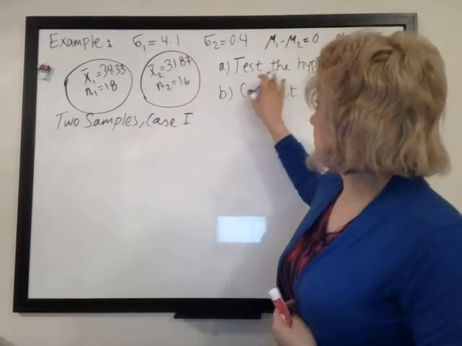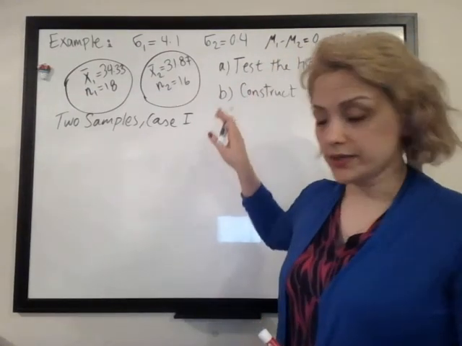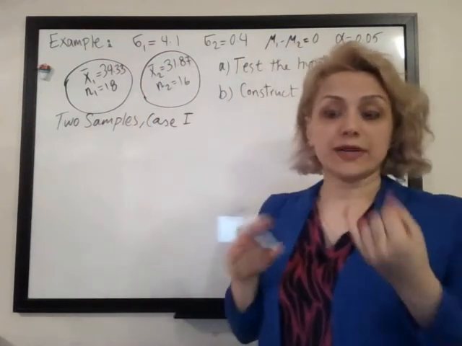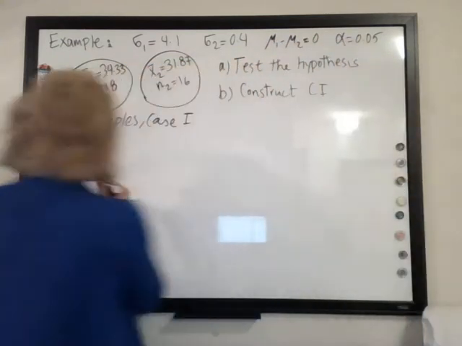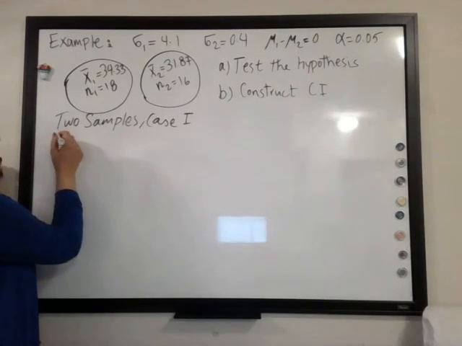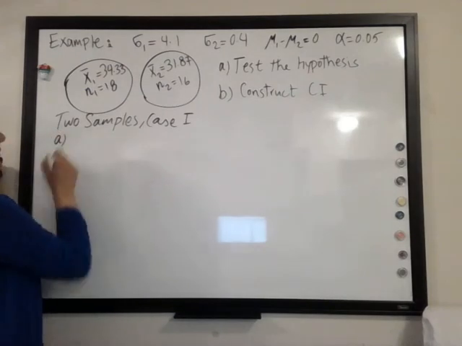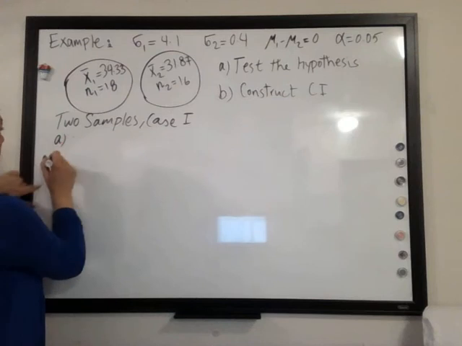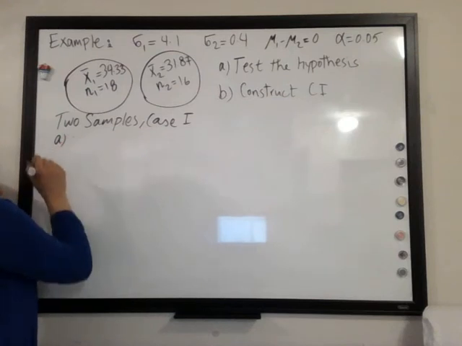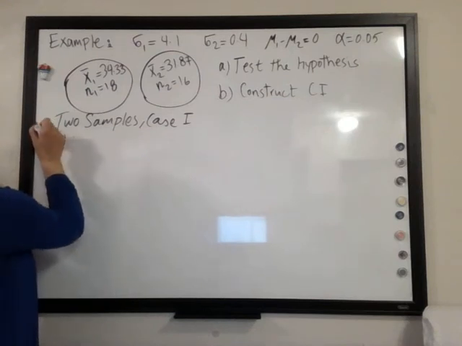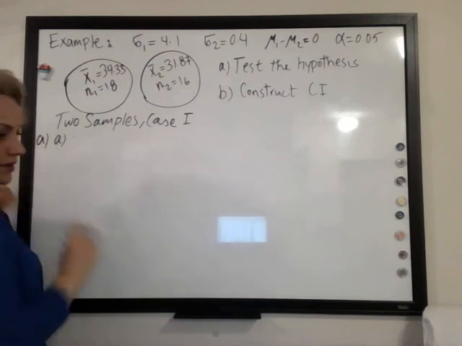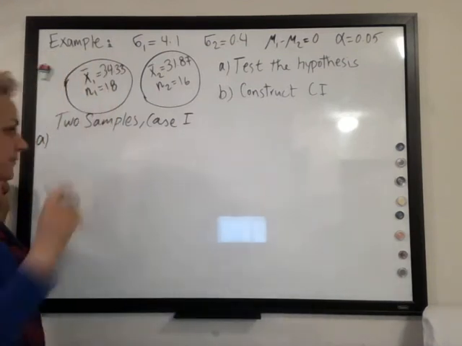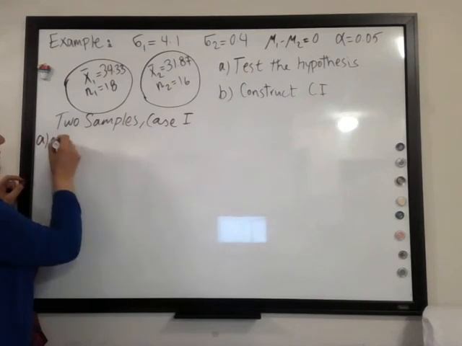Then for part A, which is testing the hypothesis, I'm going to write down the 8 steps. I'm going to write down A here, just to have more space, for the test of the hypothesis.